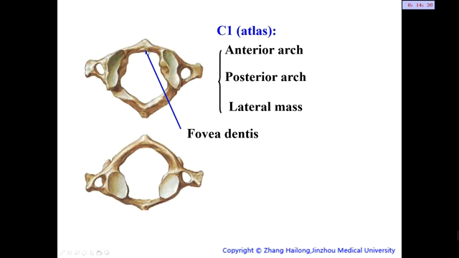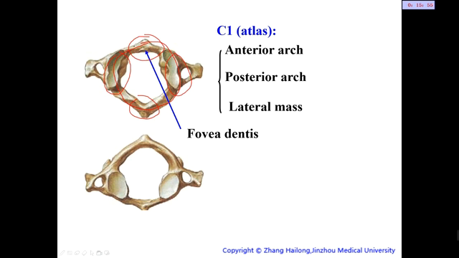Now let's see the first cervical vertebra, C1. C1 has another name, the atlas. It's very like a ring or circle. It has an anterior arch, a posterior arch, and lateral masses. The left and right lateral masses will form a circle.